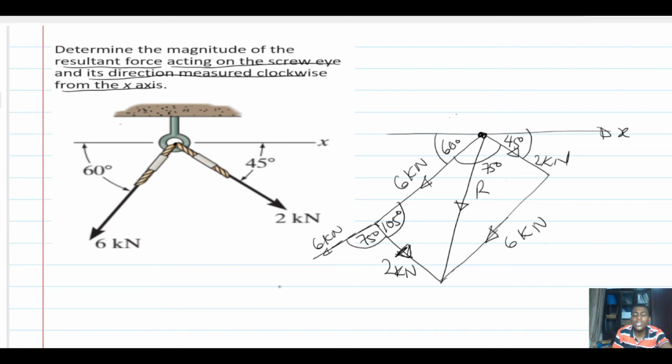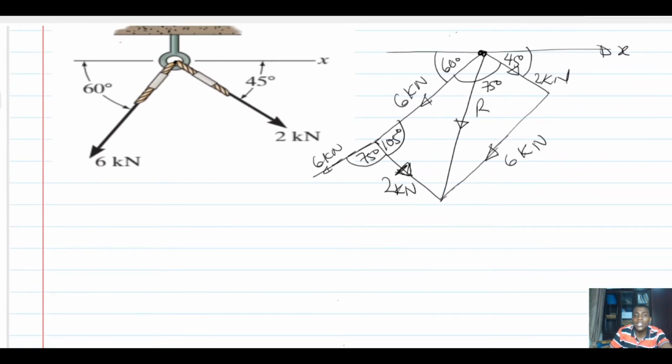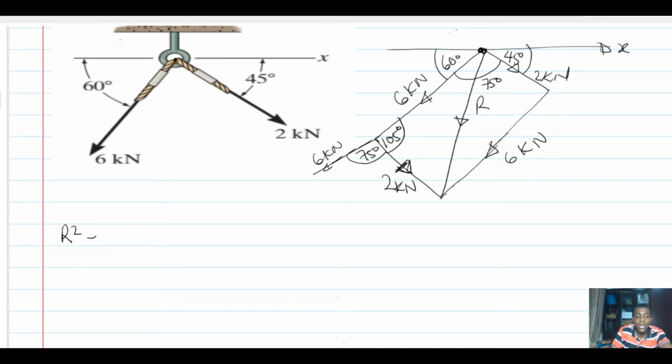Now, using the cosine rule, since I have the angles I need, I can say that the square of the resultant, R squared, should be equal to 2 squared plus 6 squared minus 2 times 2 and 6 cosine of the angle opposite to the resultant, which is 105.